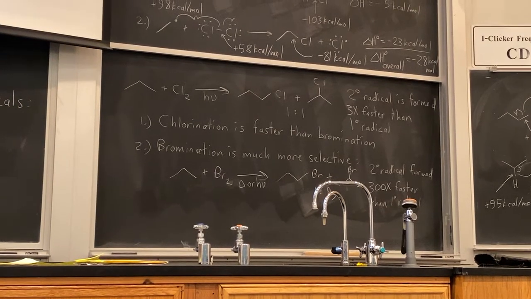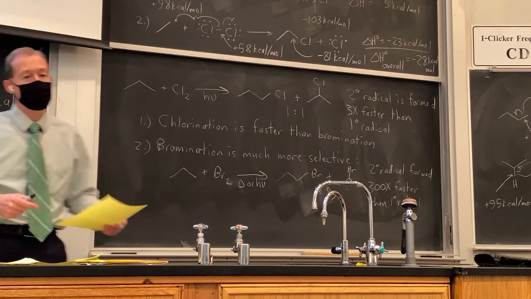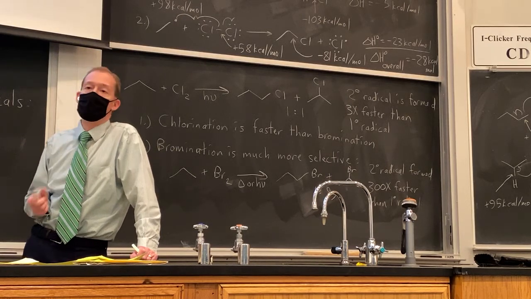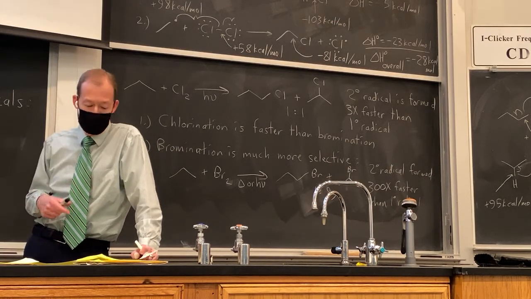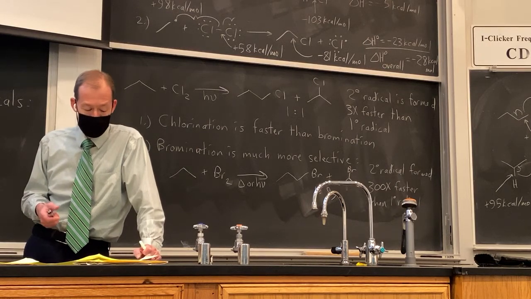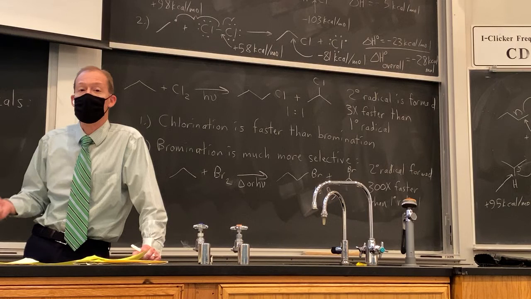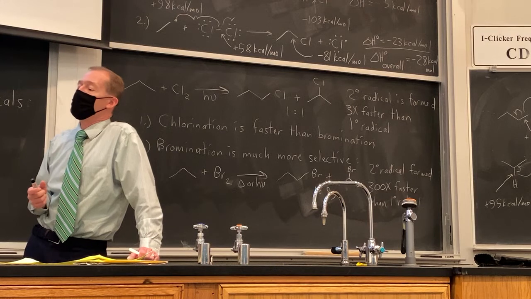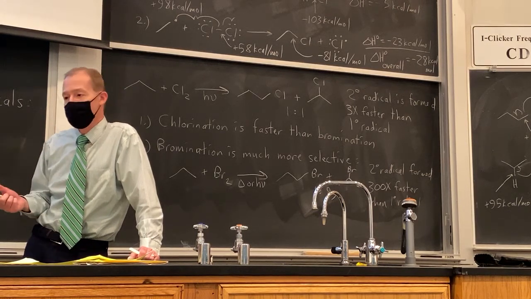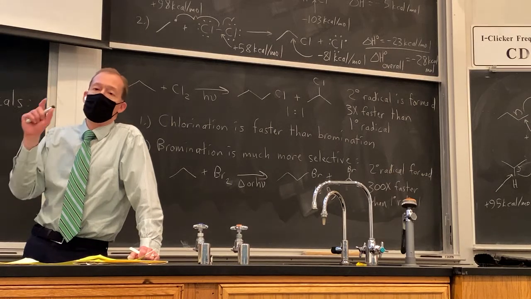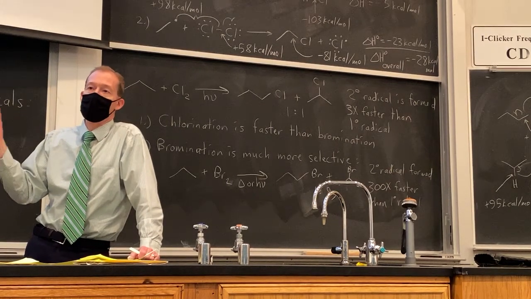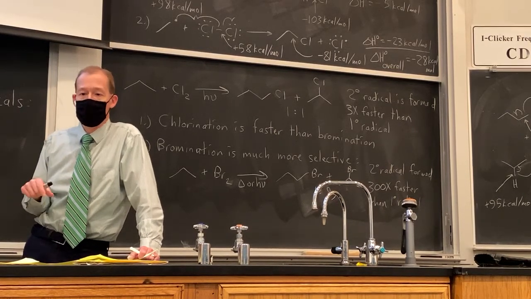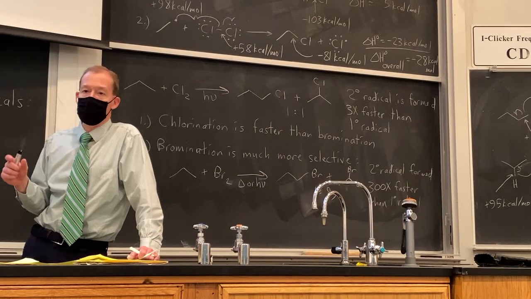We don't have a diagram for both propagation steps of the bromination, but I will tell you that the second step in the bromination is indeed exothermic. Okay, so if you look at the bond dissociation energies in the second propagation step of the bromination, where our alkyl radical is abstracting a bromine atom from bromine and breaking the bromine-bromine bond, that carbon-bromine bond that forms is stronger than the bromine-bromine bond that breaks.